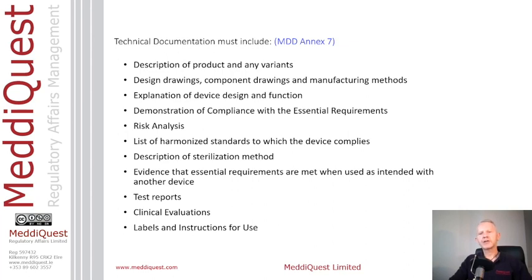It's really just a record of the description of the product so you can identify it, its use so you know how it's going to be used, everything about the product, which of course includes the packaging, the labeling, if it's sterilized, how it's sterilized, if it's not sterilized but needs to be sterilized, how it's going to be sterilized.